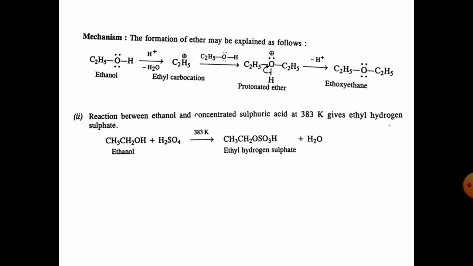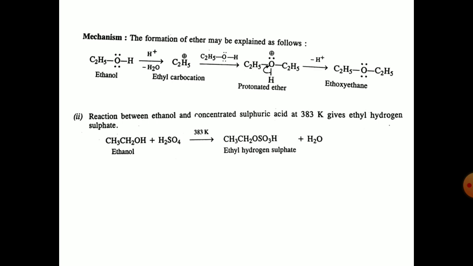Next, the reaction between ethanol and concentrated sulfuric acid at 383 Kelvin gives ethyl hydrogen sulfate. Let us see. Here we have taken ethanol, CH3CH2OH, plus HOSO3H, that means H2SO4. The H of sulfuric acid and the OH of ethanol release a water molecule, and OSO3H combines with the ethyl group.